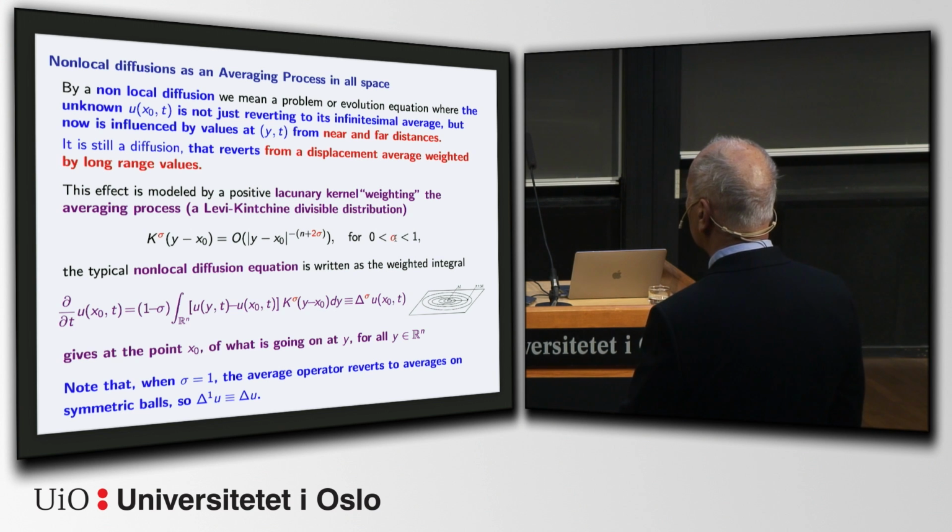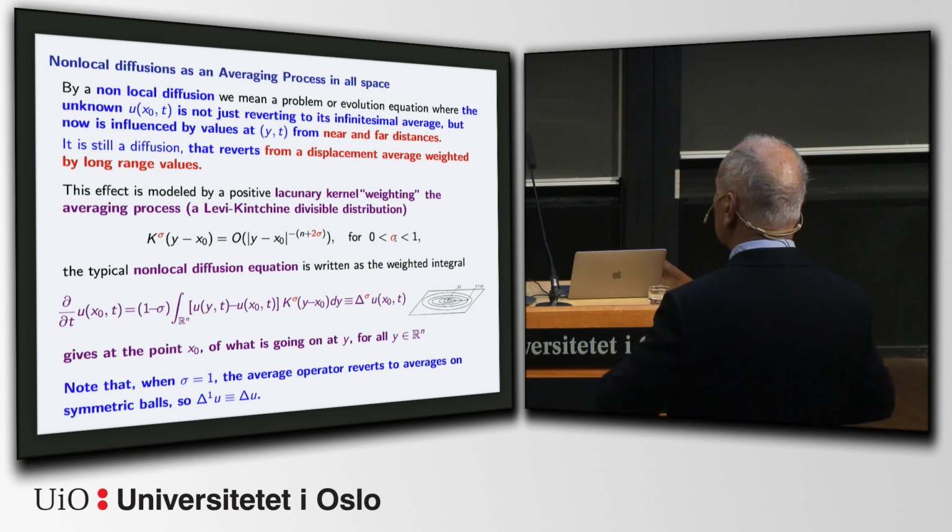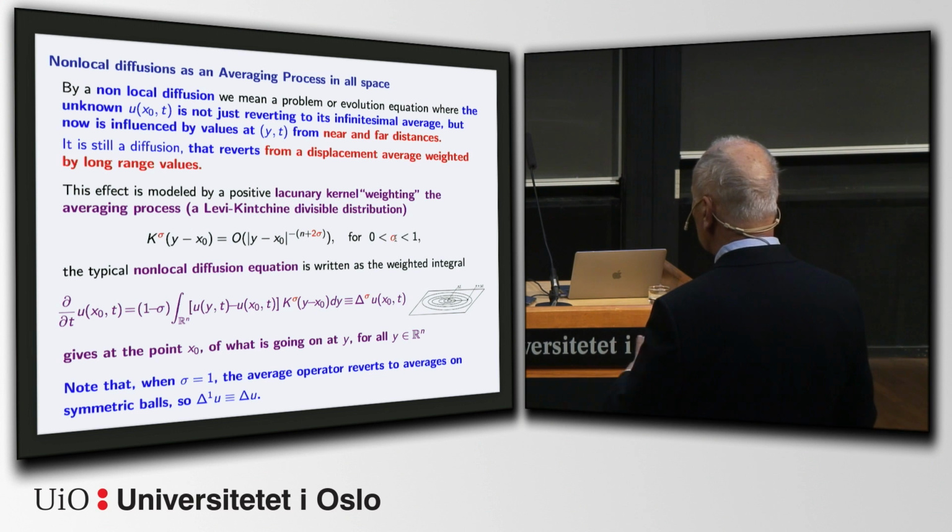Note that when sigma is 1, the average operator becomes a Laplacian, but many times you are interested in non-types of Laplacian, but places where the quality of the averaging around a point can depend very much on the position or things like that. So it's not just the Laplacian, okay?